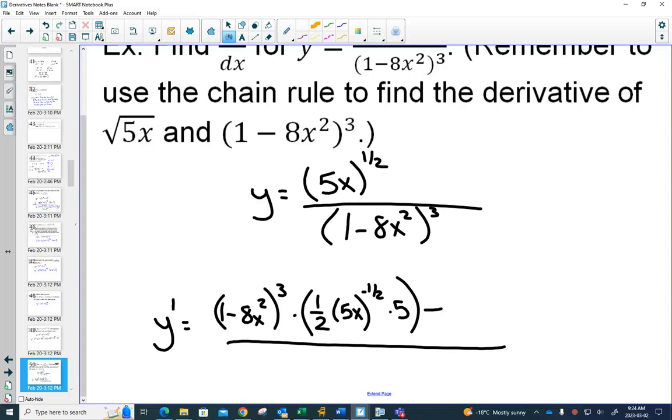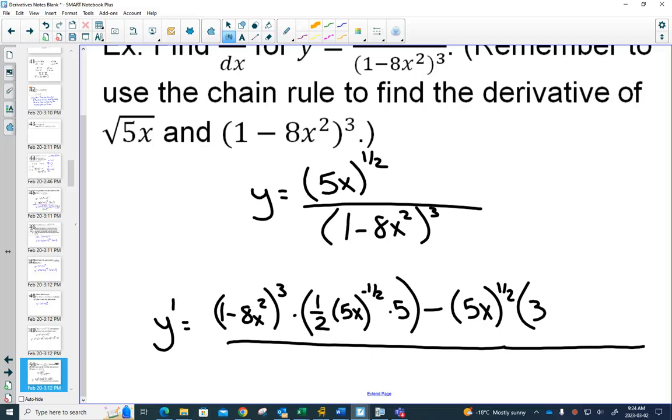Now where am I in my quotient rule? In my quotient rule, I now subtract, I keep the top the same, and multiply by the derivative of the bottom. And the bottom is a chain rule.